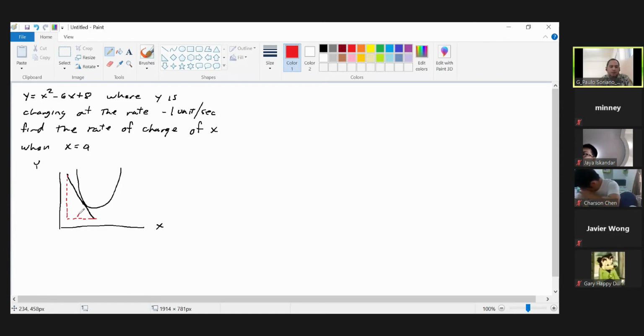As x is moving towards this area, the y is also moving in that direction. So the faster that y moves up or down, in this case, the x will also move faster towards the right.